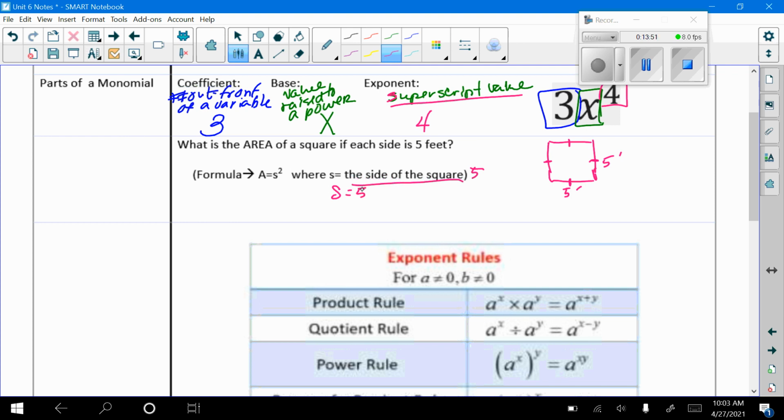So algebraically, A is equal to 5 squared, which is equal to 25. So area here is equal to 25, and in this case, it's feet squared, because if I were to make this into marks, I would end up with 25 1 by 1 foot squares.